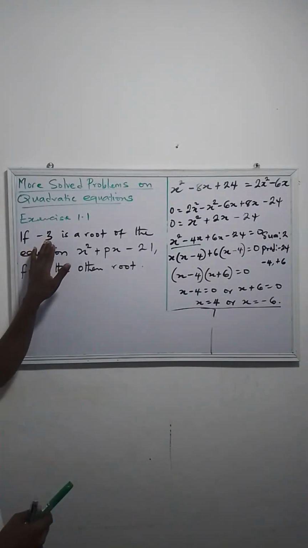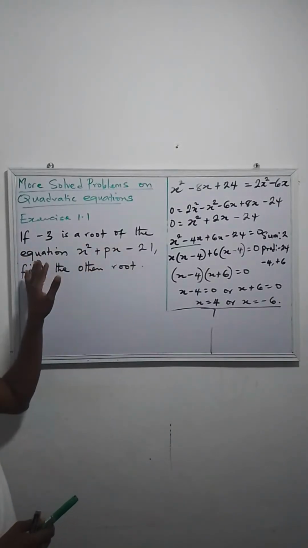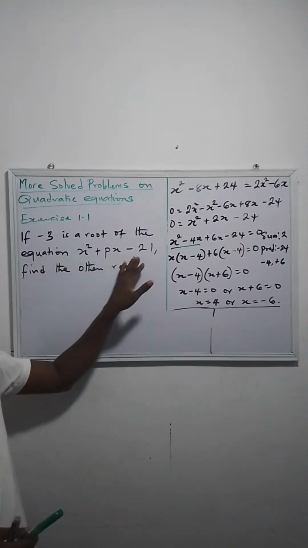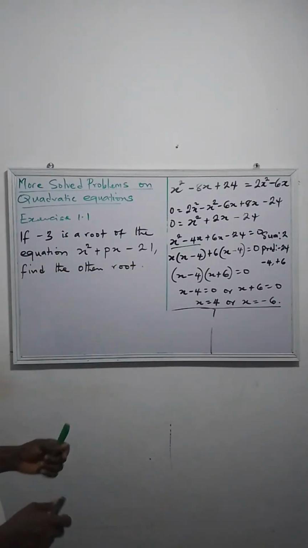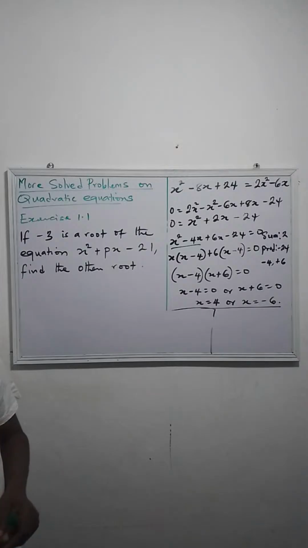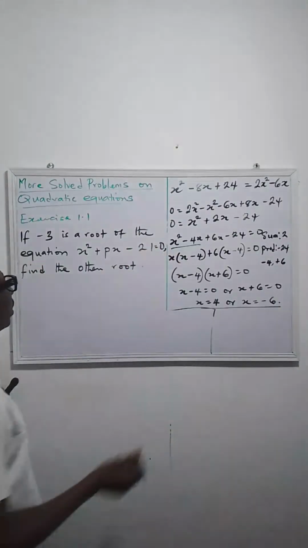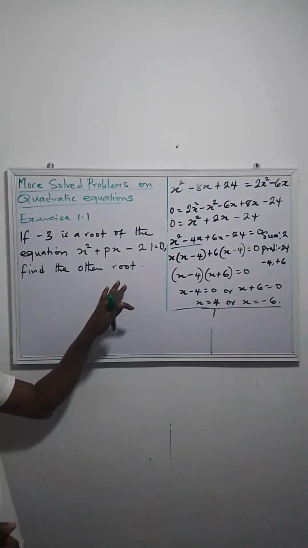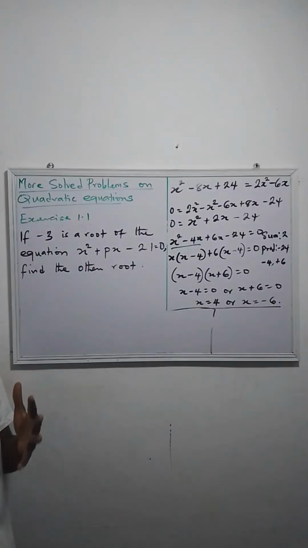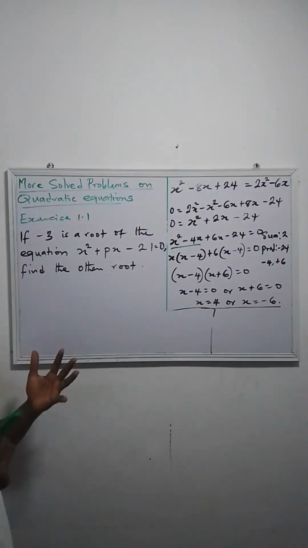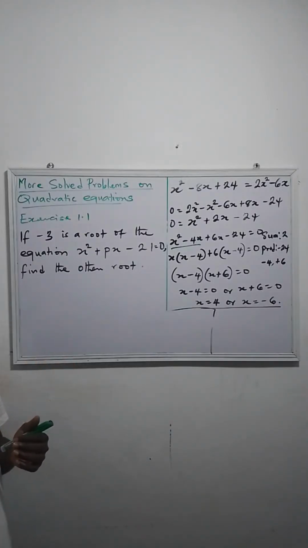Now, if negative 3 is a root of this quadratic equation, okay, right? Okay, so I think this should be equal to 0 because this is an expression. Okay, you have to find the other root. Now, we should have it at the back of our mind that whenever you solve quadratic equation, you have two answers. I want to believe you know that.